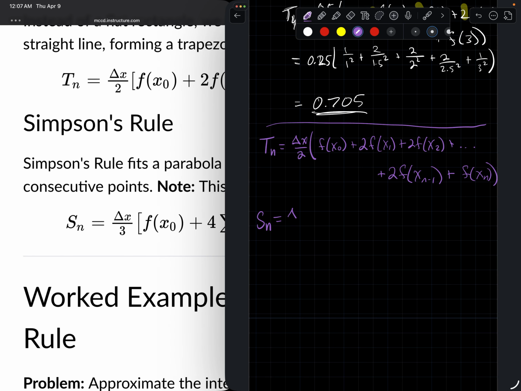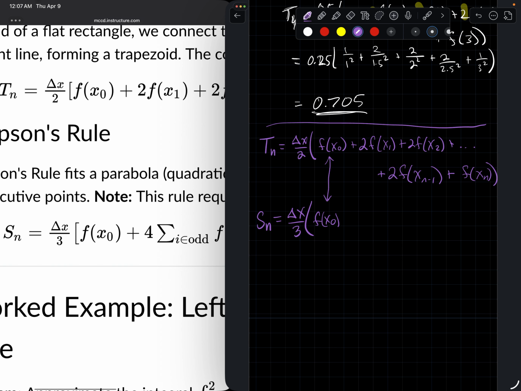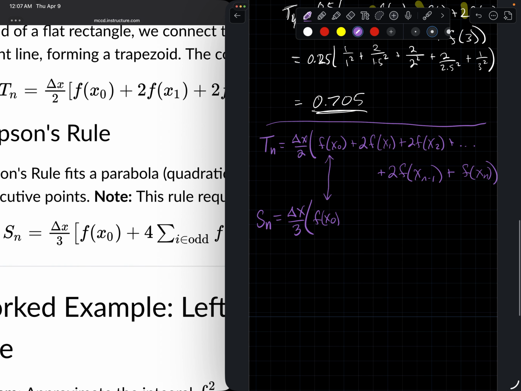it starts out with delta x over 3, first of all, but then what happens to the numbers in between is you start out with f of x0, which, of course, is exactly the same, but after that one, you are going to alternate 4s and 2s. So you're going to go 4 f of x1, and then 2 f of x2.